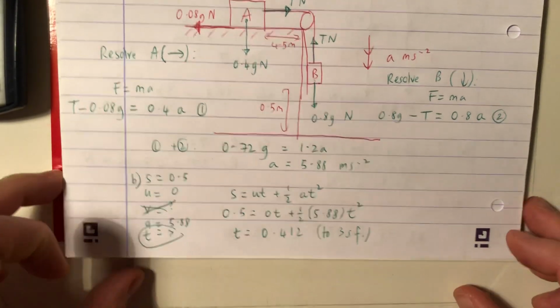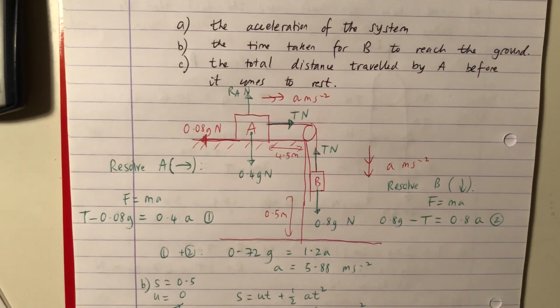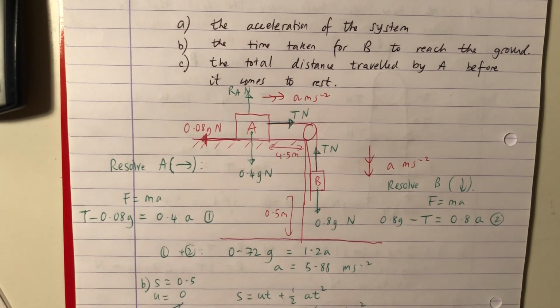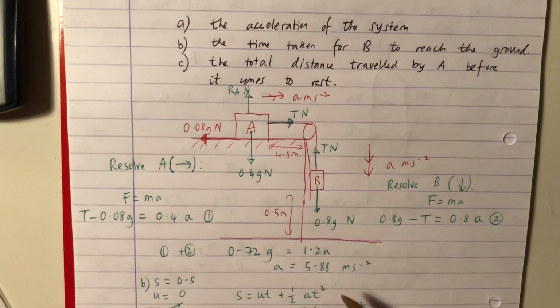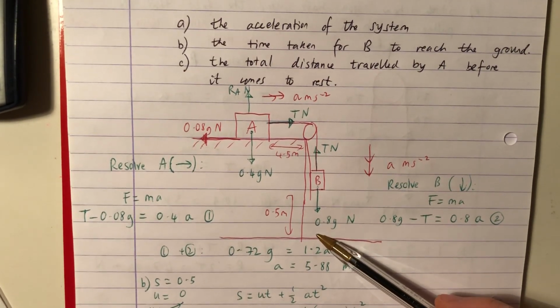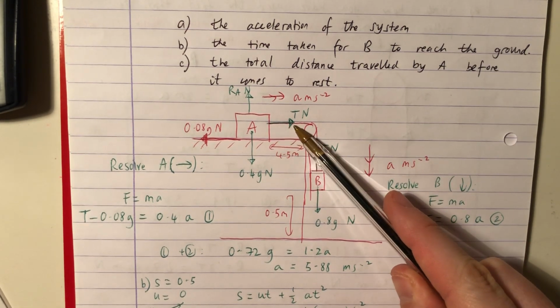Now, part C changes everything. Part C is the total distance travelled by A before it comes to rest. And let's think what's just happened. B has dropped 0.5, which means A has travelled 0.5.